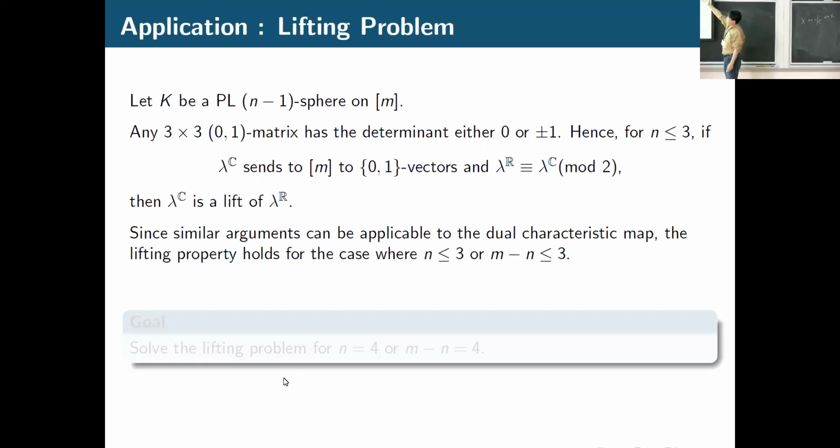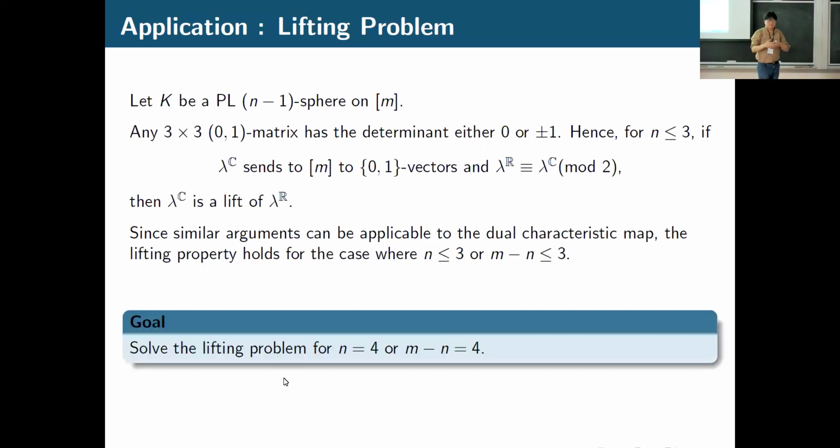Then the Lipton property also holds for the case when m minus n is less than or equal to 3. So it means that the Lipton property holds for both the small dimension case and the small Picard number case, right?